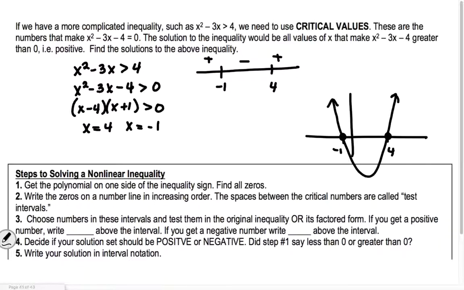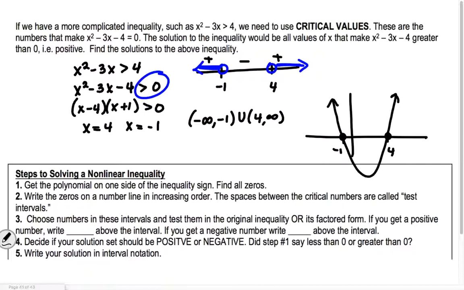So I have positive numbers on the left and the right and negative numbers in the middle. I want where it's greater than 0, where it's positive, so I want this side and this side, with open circles here because that was just where it was equal to 0. So our answer would be -∞ to -1 union 4 to infinity.